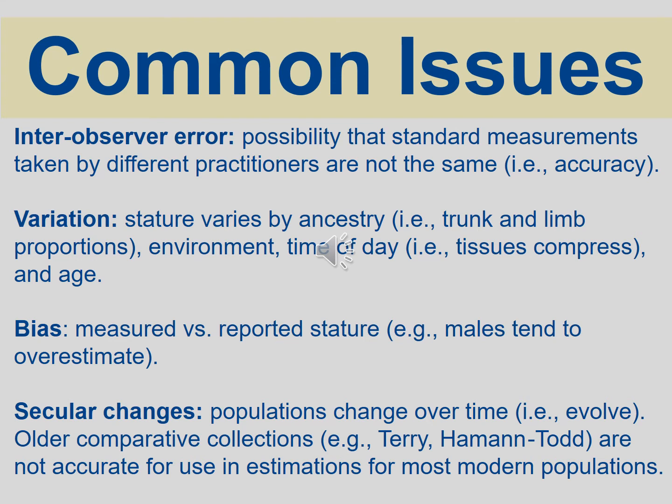And so using formulae that were created using the Terry and Hamann-Todd, because remember, these were war dead, people that were accumulated in medical collections, and we did have their reported stature on documents and driver's licenses, and we were able to create formulae with long bones. But we know that those people are much shorter than people are today, and the formulae are not accurate, not useful.